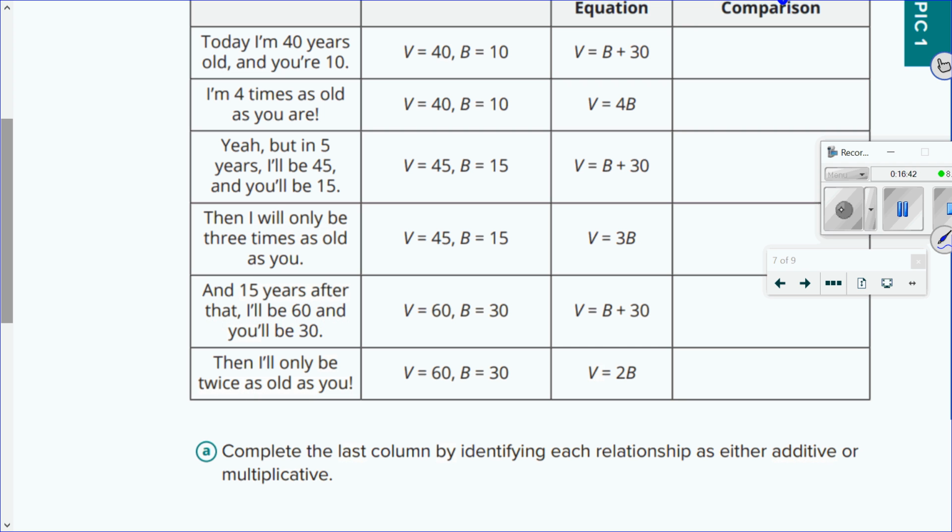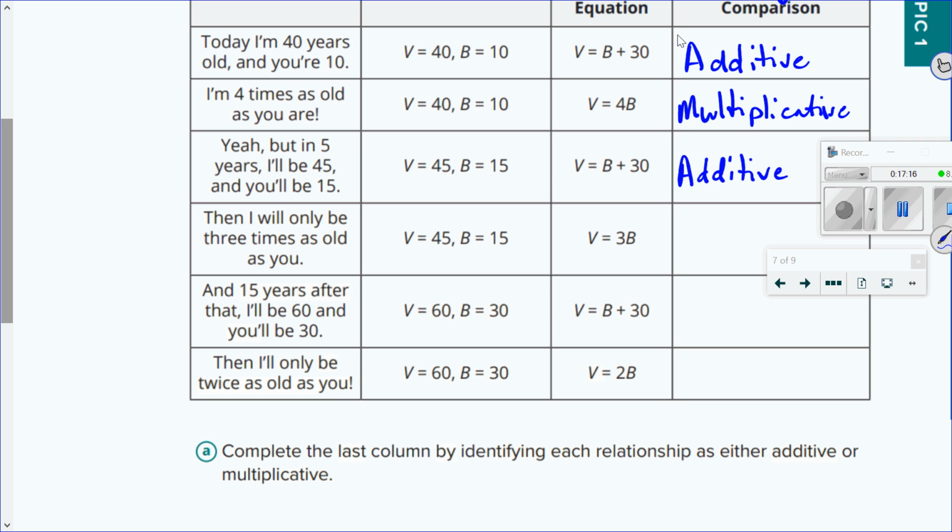Our first one, guys, where it says, I'm 40, you're 10, that's an additive. Then when you change it, it says, I'm 4 times as old as you, that is multiplicative. Then in 5, I'll be 45, you'll be 15, that's again additive, she's adding the 5 to each.